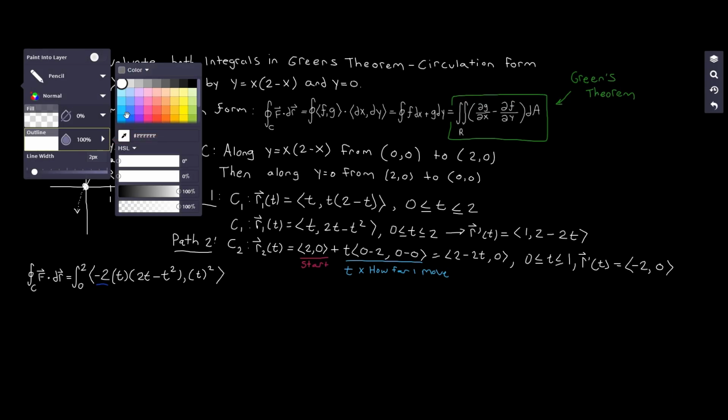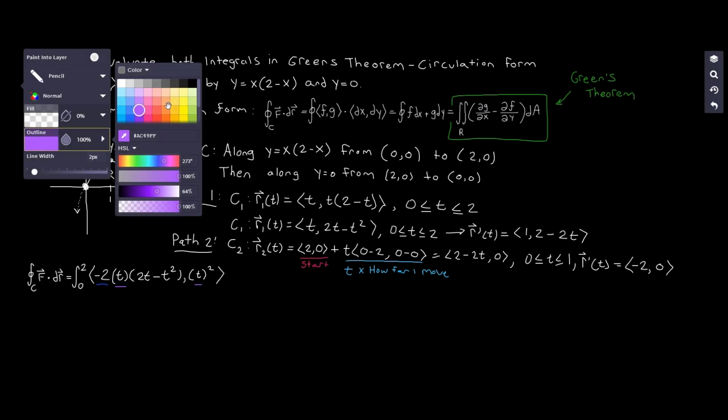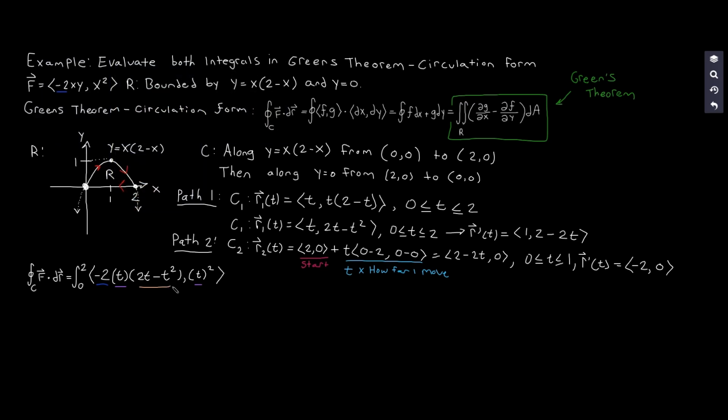Let's use some colors to show what's what, where, and why. So t is turned into x, so that's why these t's are the same. Where did we get the 2t minus t squared? Well, from right here.